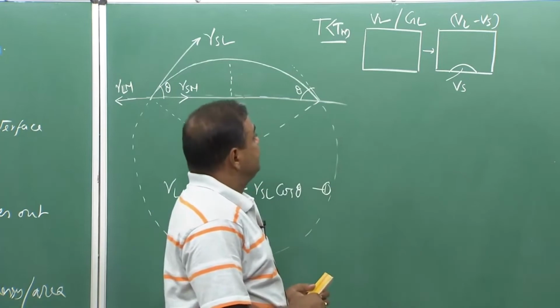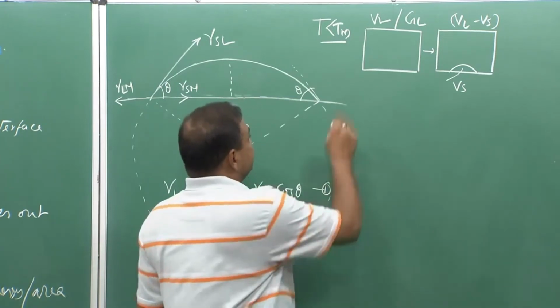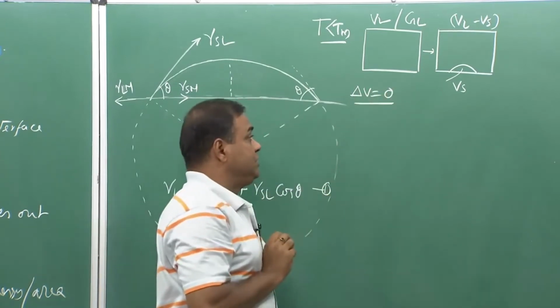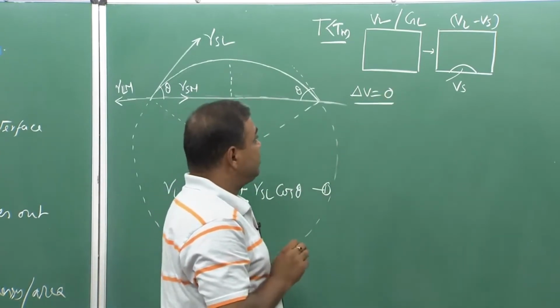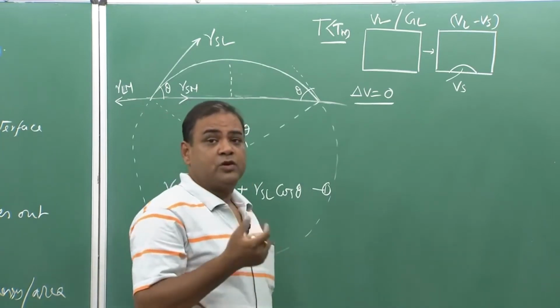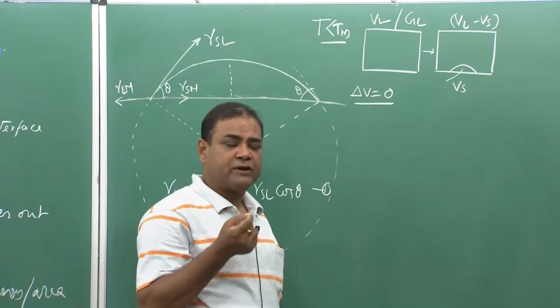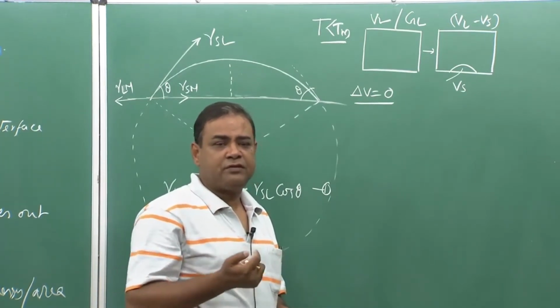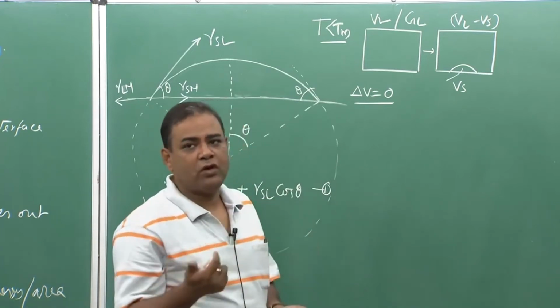Here the assumption is there is no volume change during this transformation, that means del V equal to 0. This is an assumption, okay. Though it does not happen, whenever a solid to liquid or liquid to solid transformation happens, there will be a definite volume change. For example, in case of water, the volume increases during solidification, that means liquid water to solid ice.